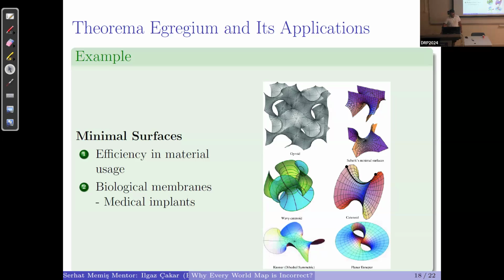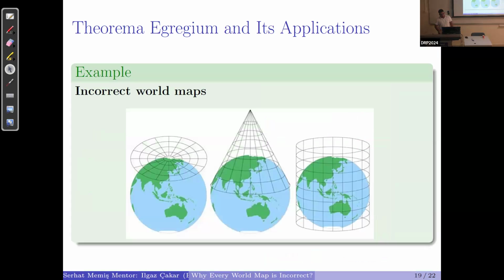So the main application of this presentation is incorrect world maps. Everywhere in the world, we don't have a flat, correct map because the theorem states the Gaussian curvature of the world is positive.